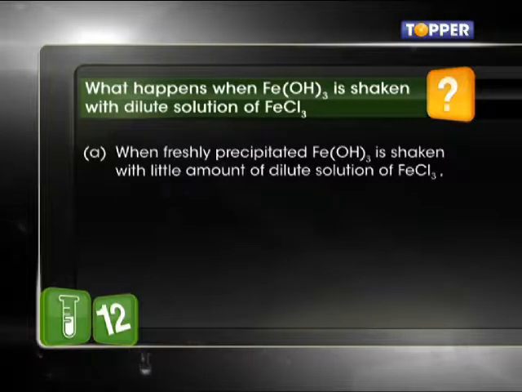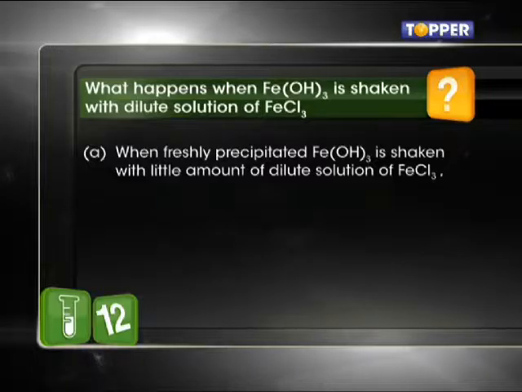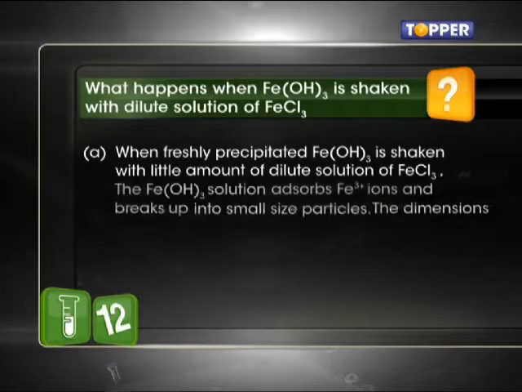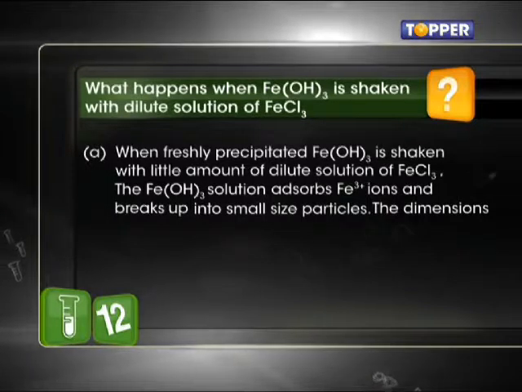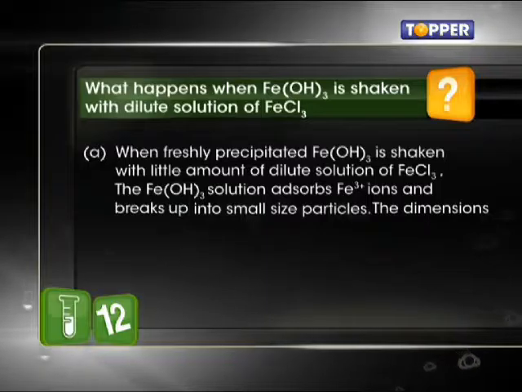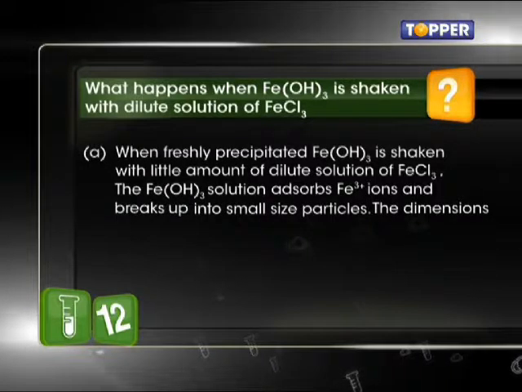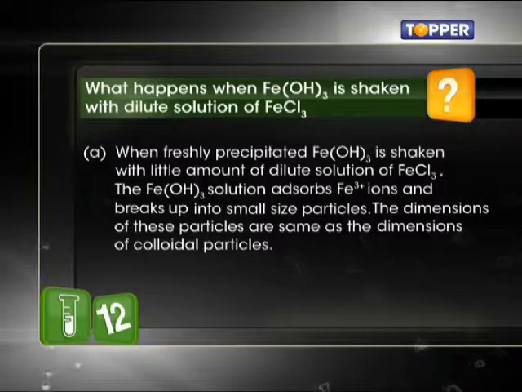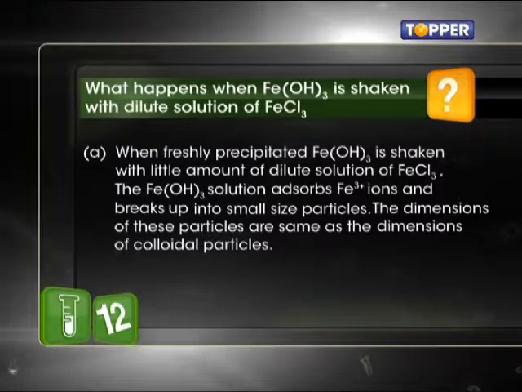When a freshly precipitated ferric hydroxide is shaken with little amount of dilute solution of ferric chloride, the ferric hydroxide adsorbs Fe3+ ions and breaks up into small size particles. The dimensions of these particles are same as the dimensions of colloidal particles.